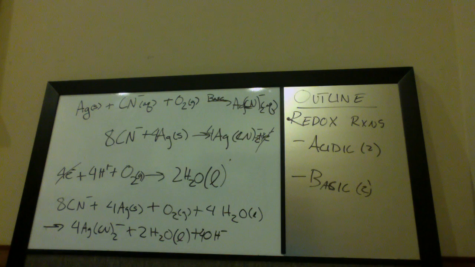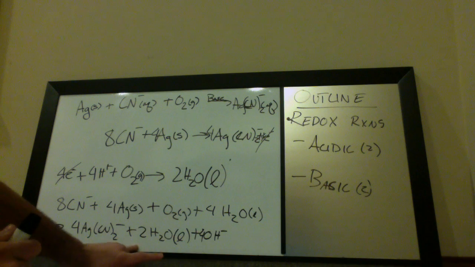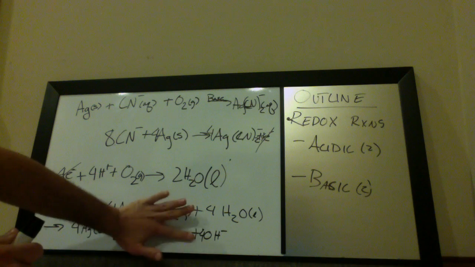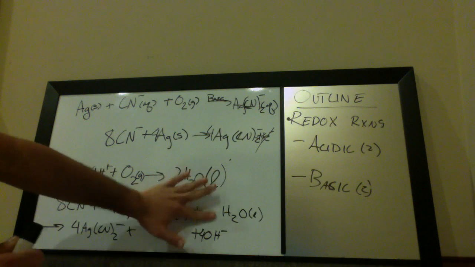Now I have 4 water molecules, and I have to balance the water molecules. So I have 4 waters here, 2 waters here, so I completely lose waters on this side, and I only have 2 waters now here.